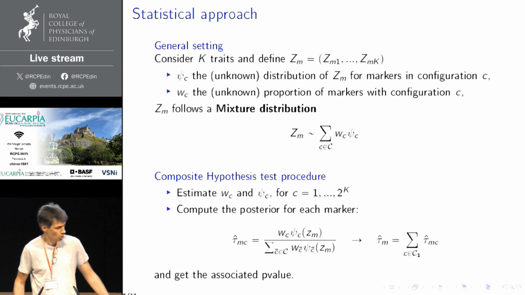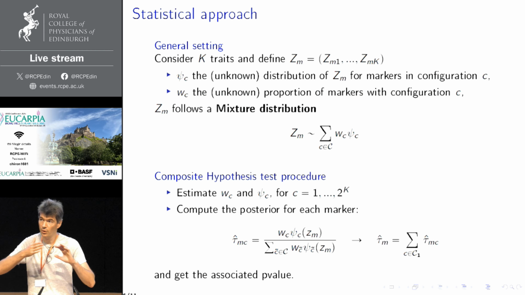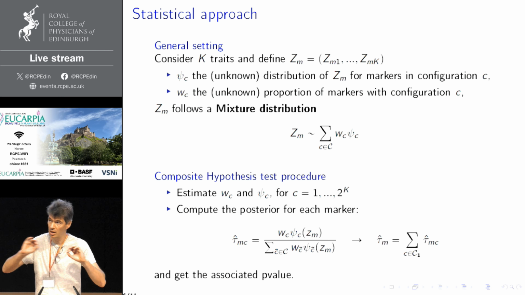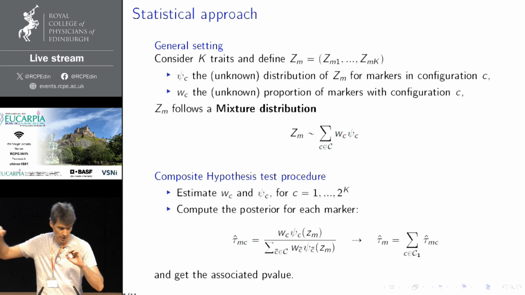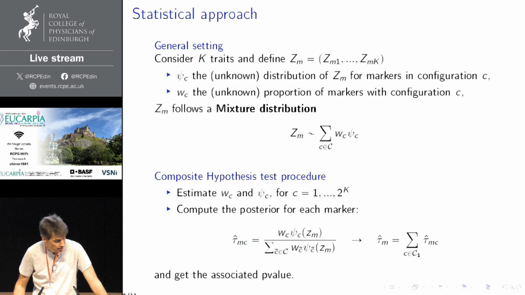Okay, so assume in the general setting that we have k traits. Define Zm as the vector of all the z-scores that you collected for a given marker on each of the different traits. This vector has a multivariate distribution that is unknown and that will depend on the configuration C of marker effects that corresponds to the marker.